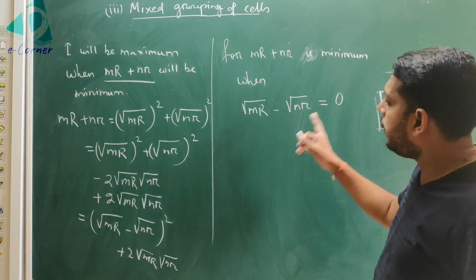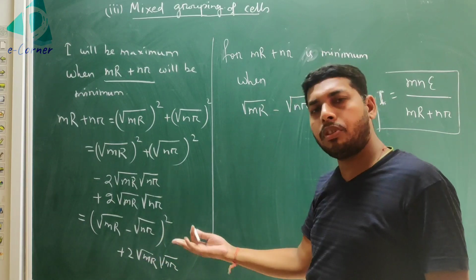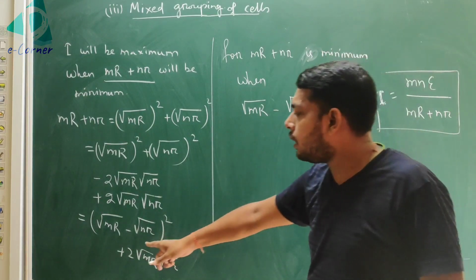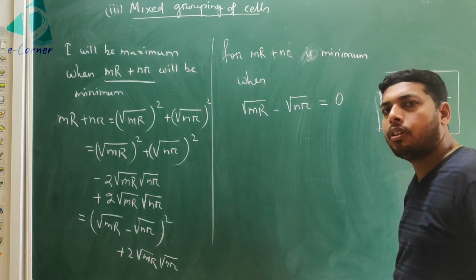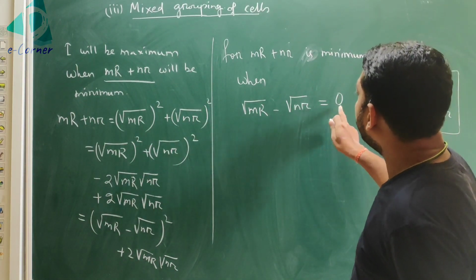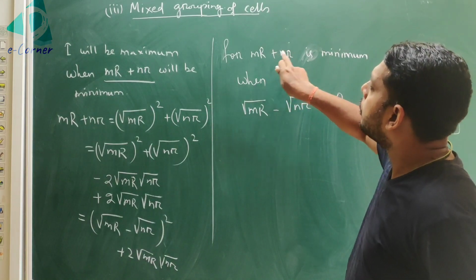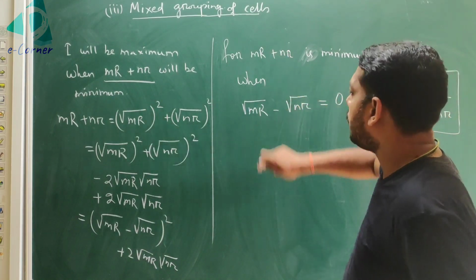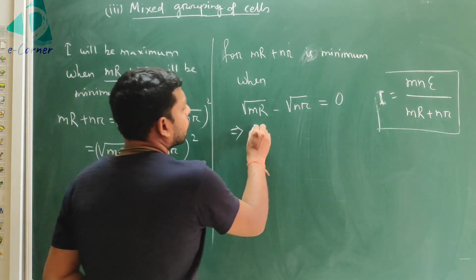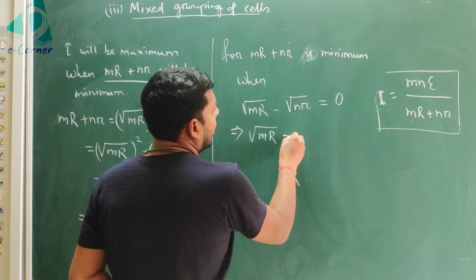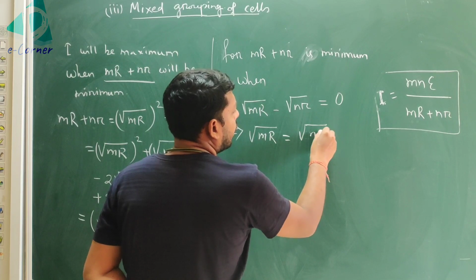Got it? When it is positive, positive square is positive. When it is negative, the square of negative is also positive. Therefore, it must be 0 to minimize this term. So when this is there, that implies root under MR is equal to root under NR.